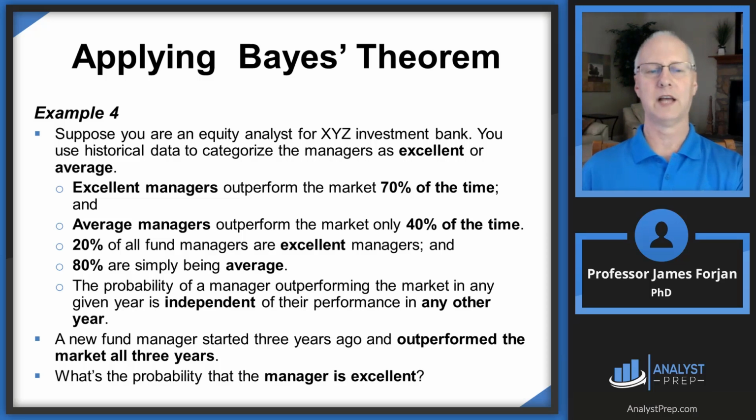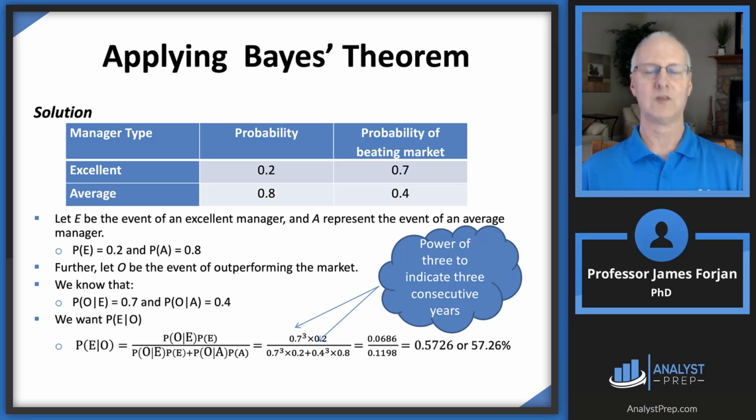All right, so let's take a look at a new fund manager, which started 3 years ago, and this fund manager outperformed the market all 3 years. So what is the probability that the manager is excellent? All right, so let's put together that table. We've got down the left-hand column, excellent and average, and there are the probabilities, 20 and 80, and then the probability of beating the market. And so let's go ahead and just apply those probabilities into the numerator and the denominator.